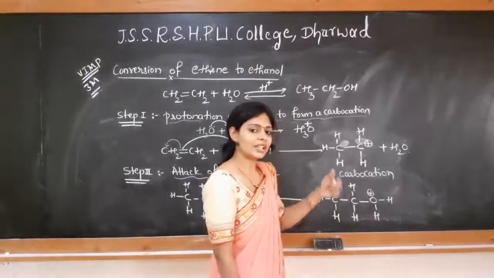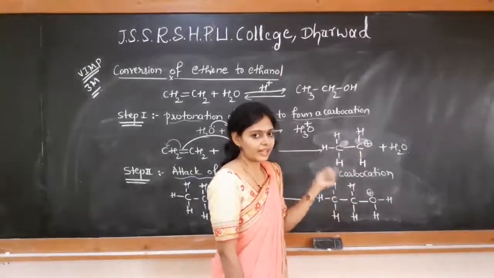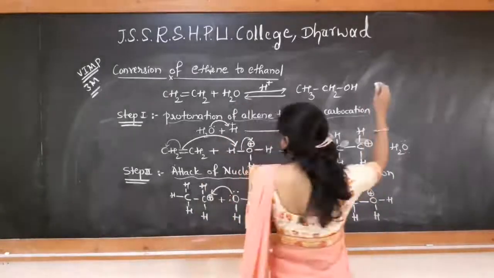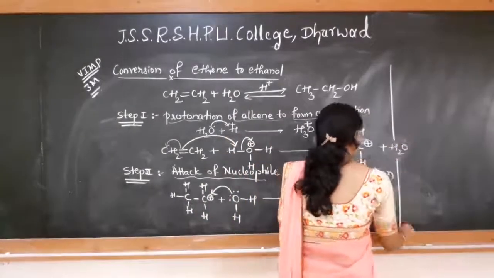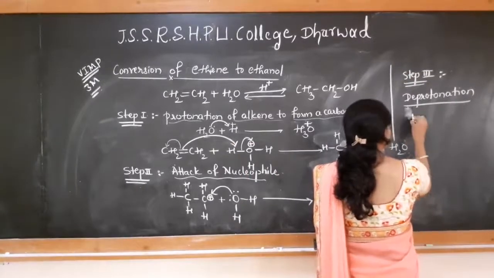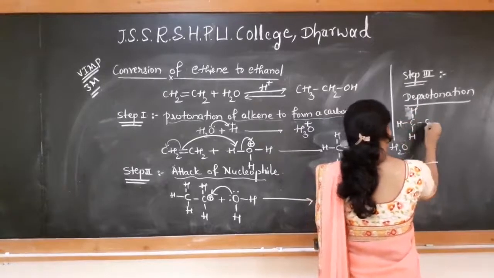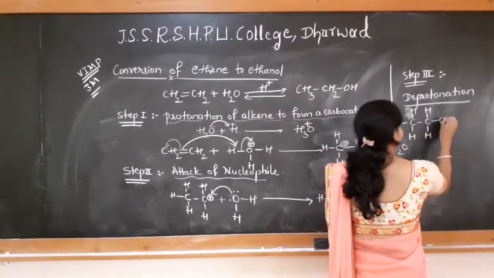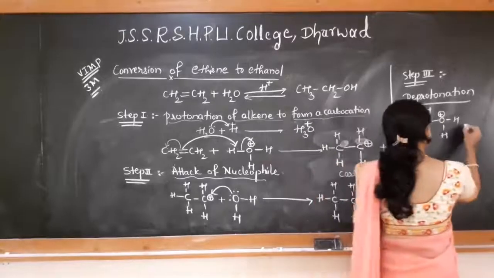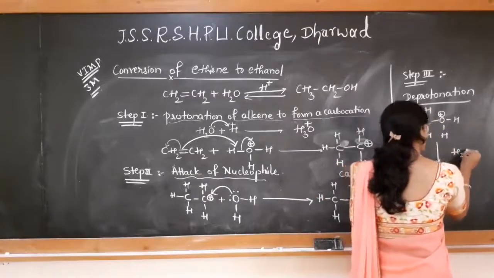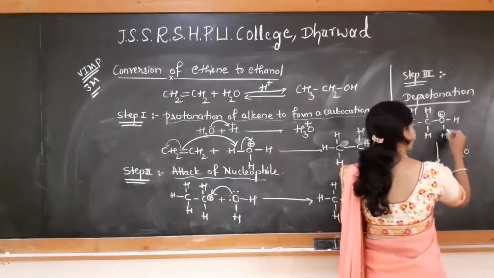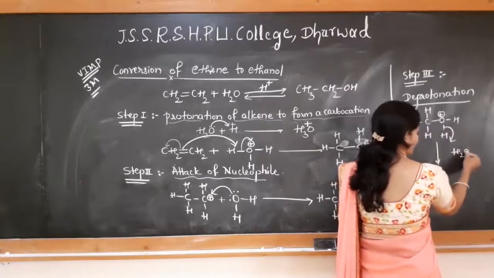So the last step will be deprotonation. The last step is deprotonation, so that you get the stable alcohol as a product. So step 3 is, what happens here? We have CH3CH2OH2 plus. Now in the presence of a water molecule, the loss of a proton takes place, which is taken by the water.